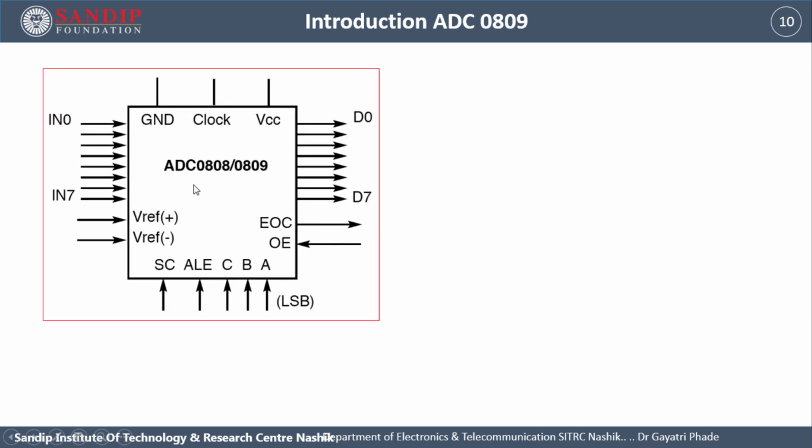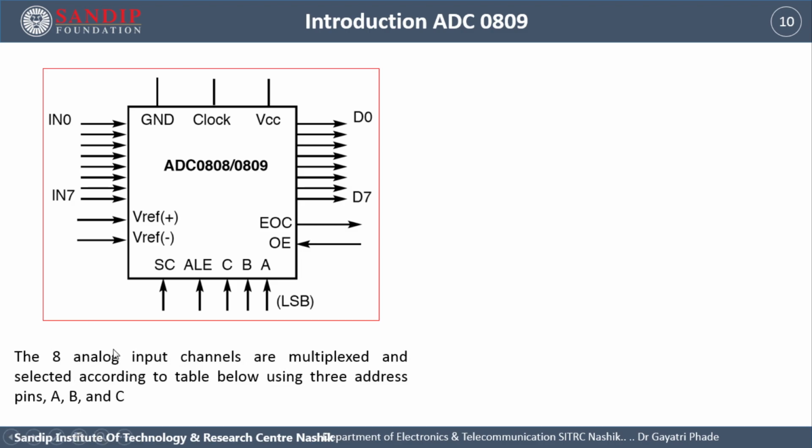Let us understand ADC 0809. This is one example IC we are going to see to understand the ADC. These 8 analog input channels are multiplexed and selected according to the table we are going to see. So this is an 8 channel input ADC.